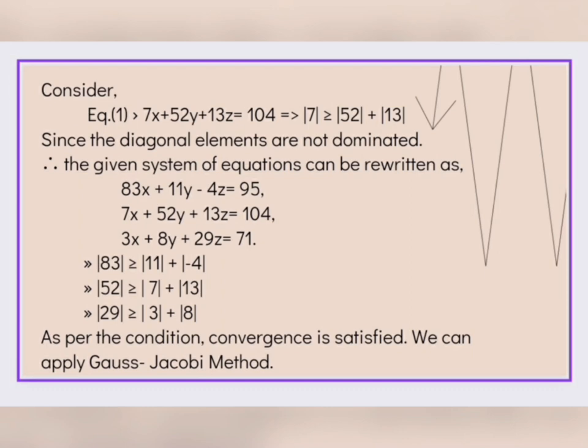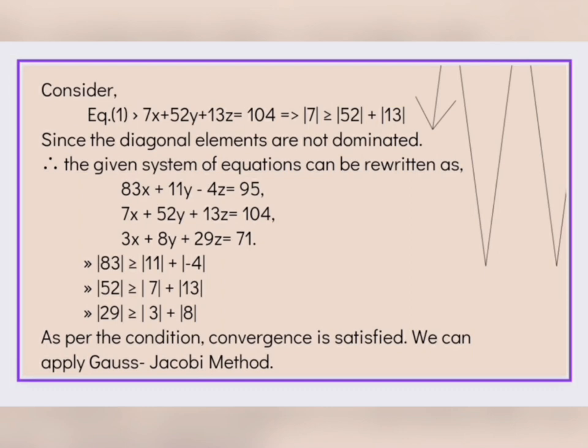Now consider the set of equations and check for diagonal dominance. It is when the absolute value of the largest coefficient is greater than the sum of the absolute values of all the remaining coefficients. That is, the diagonal element should be dominant.